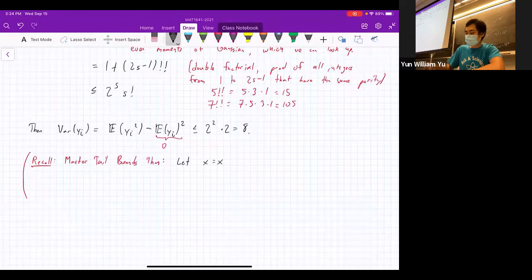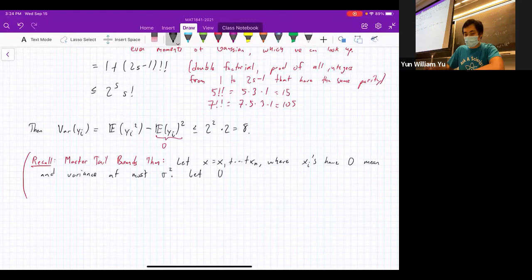So if x is a sum of a bunch of random variables, x1 through xn, where each of these is zero-centered, so the xi's have 0 mean, and bounded variance, variance at most sigma squared, then with a bunch of other technical conditions, we're going to choose an a such that it's greater than or equal to 0 and less than or equal to the square root of n sigma.